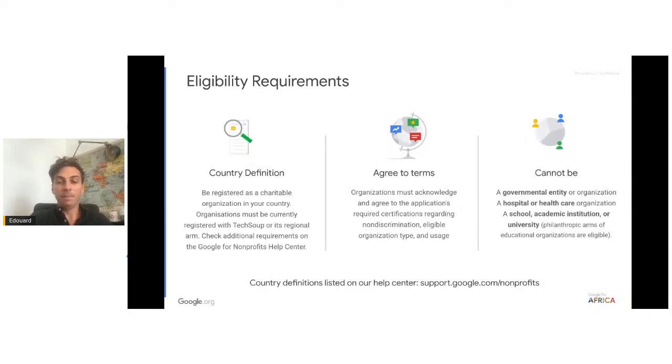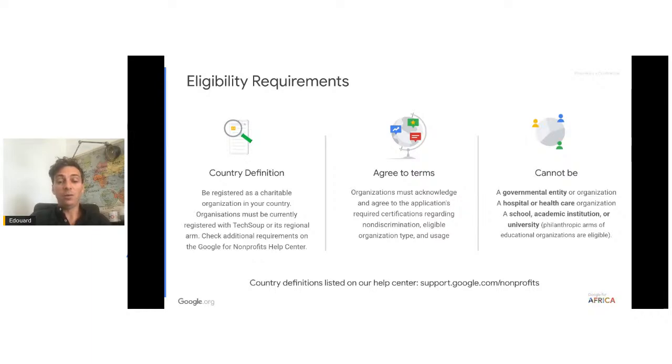As I've been presenting in the introduction, we are now only open to 6 countries in Africa. So make sure that your entity is registered in one of the 6 countries if you want to be successful throughout your registration.